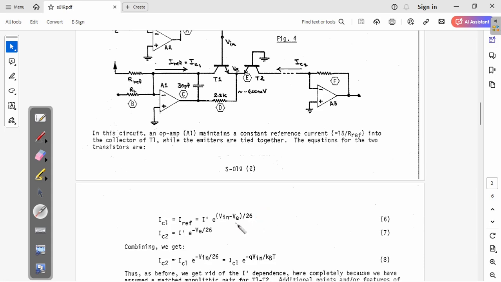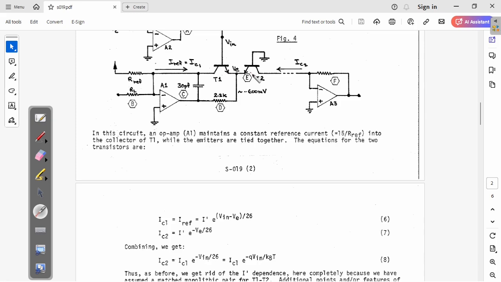So IC1 and IC2. That's the second transistor, so IC2 follows the same rules and you can use the same equation. IC2 is equal to, again, I prime, assuming it's the same I prime, that the two NPNs are matched. It's also assuming that the temperature they are experiencing is the same.